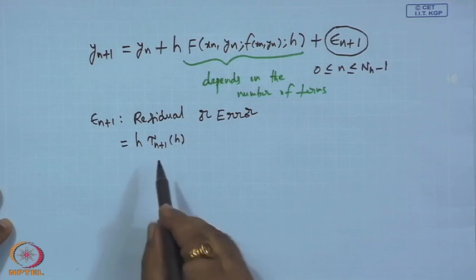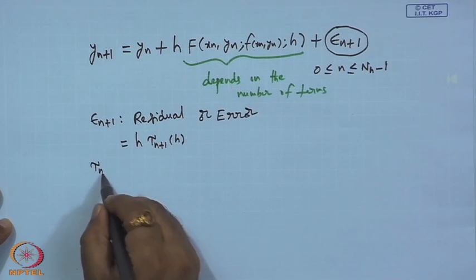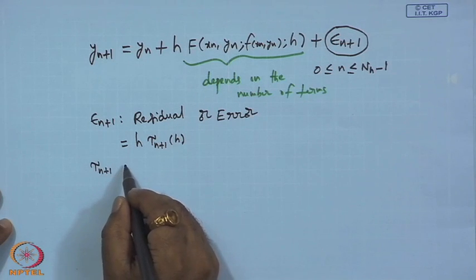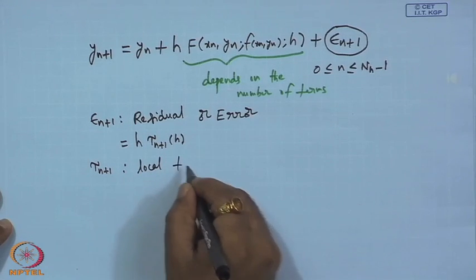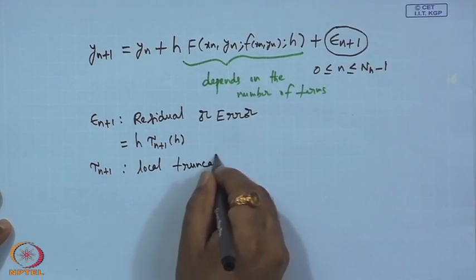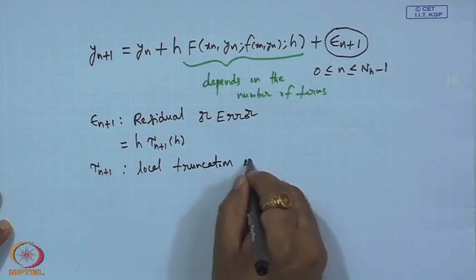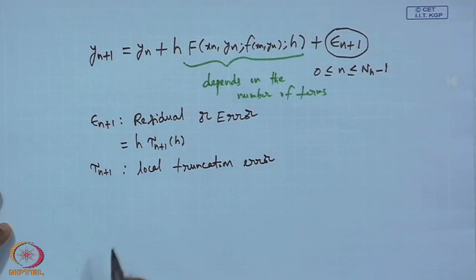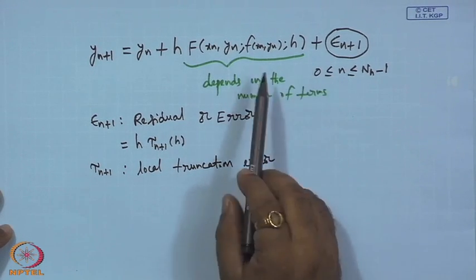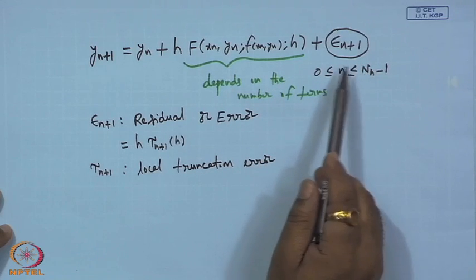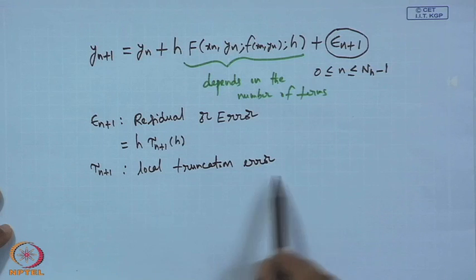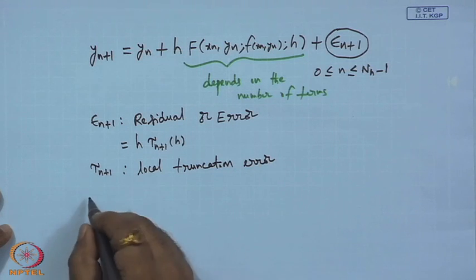Okay. So what is then tau n plus 1? This is the local truncation error. Why? Because you are approximating up to some terms and you are truncating. Therefore, this is the local truncation error.